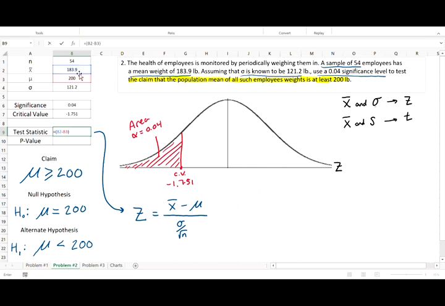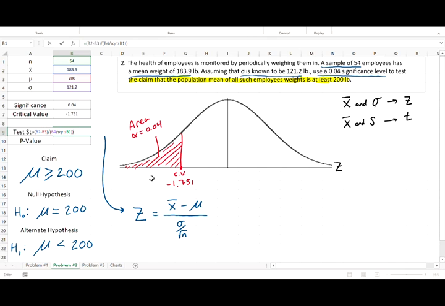Okay, so statistic minus parameter divided by, now I'm going to put parentheses around the top, parentheses around the bottom, just so order of operations works out the way it should. So parentheses sigma, which is in B4, divided by the square root, SQRT, of n, the sample size. Okay, so that does it for this formula.